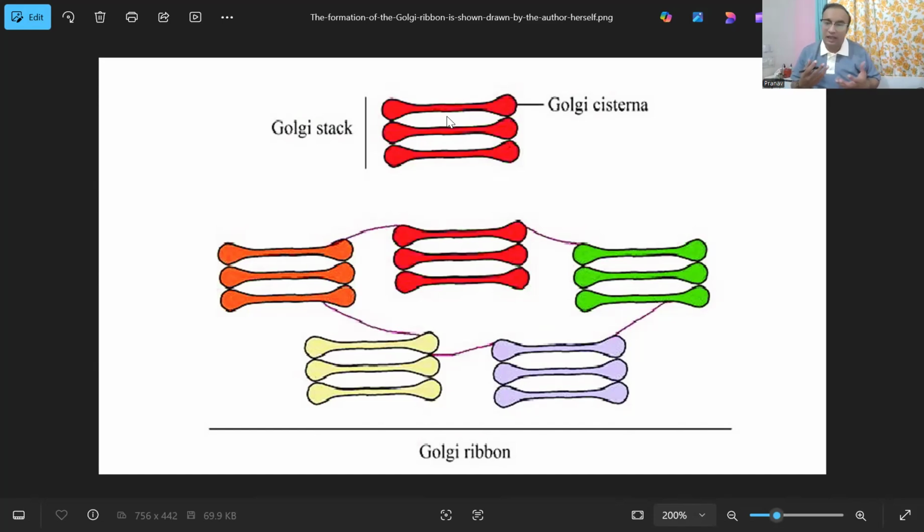Because every other cell organelle except mitochondria and lysosome, like endoplasmic reticulum and microbodies, the cell doesn't require when it is undergoing cell division. So there is a disorganization or deassembly. In the same way, the Golgi ribbon also undergoes deassembly. And there is a checkpoint to confirm this, called the G2 Golgi ribbon checkpoint. At the G2 phase, the Golgi ribbon should disintegrate itself, and the cell confirms it through the G2 checkpoint.